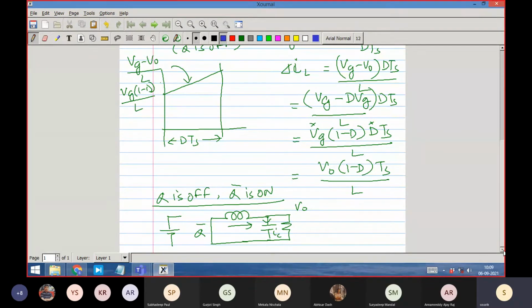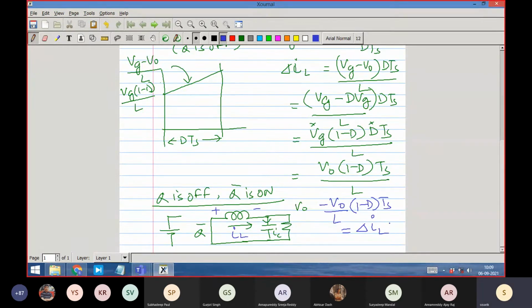Now this is the IL. So what is the ripple now? You can see that one end is 0, another end is V0. So I don't change the polarity convention. I will now say the slope is V0 by L, and the duration is 1 minus d Ts, which gives delta IL.